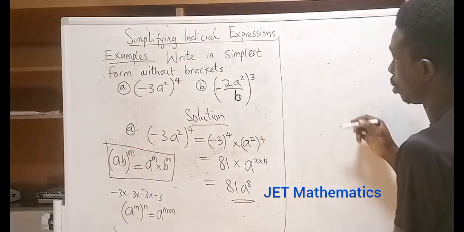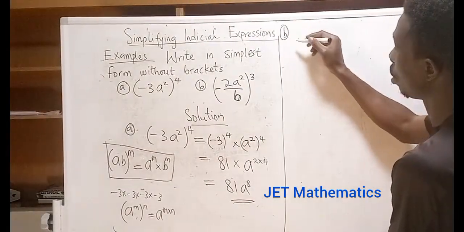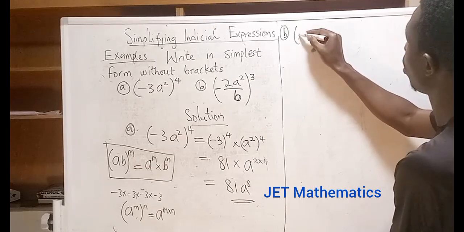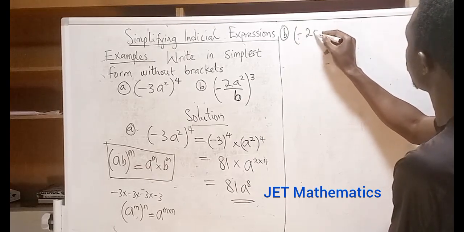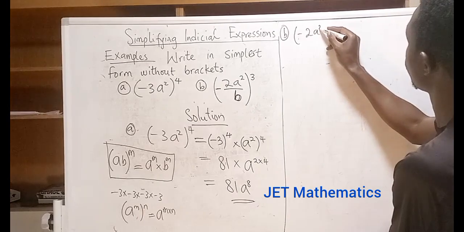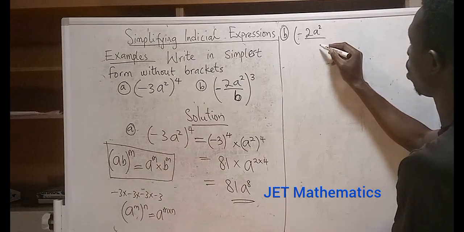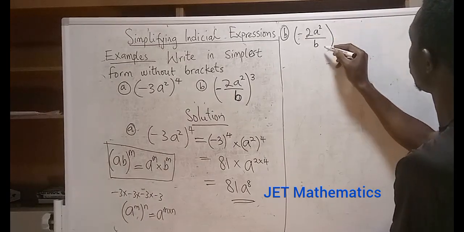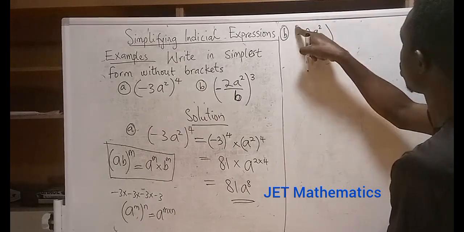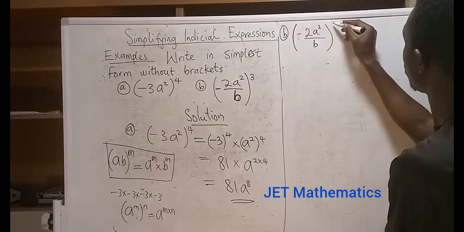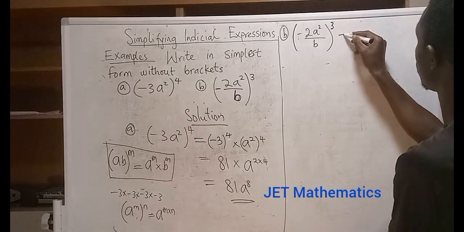So let's see this next question. The next question, B, says minus 2a squared over b, all raised to the power of 3.